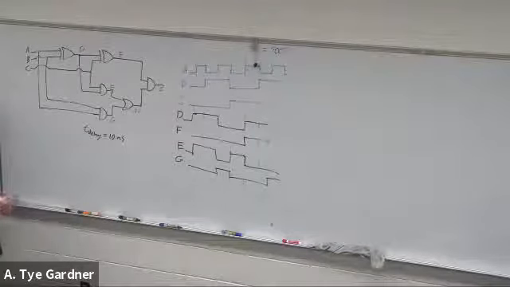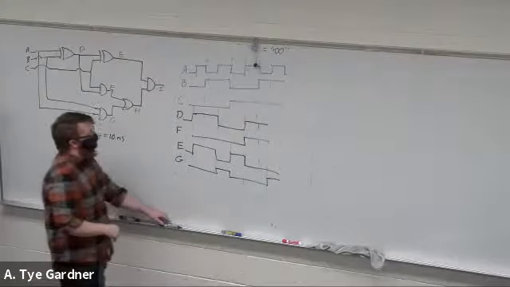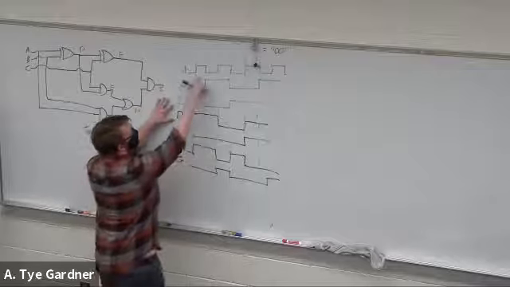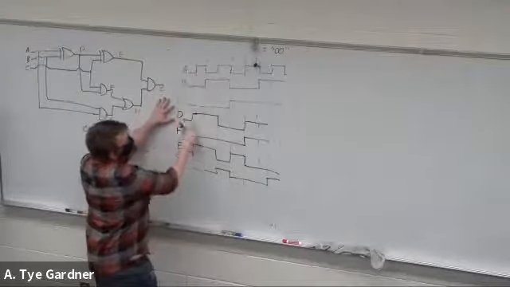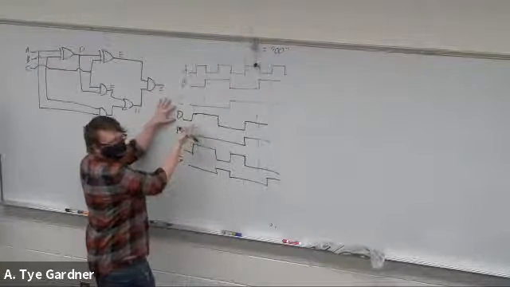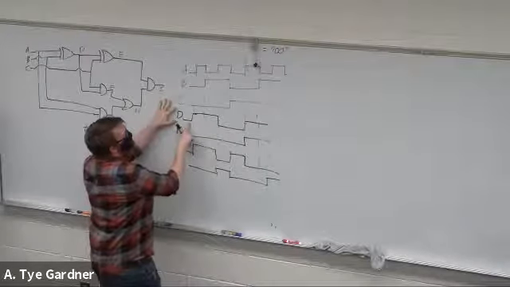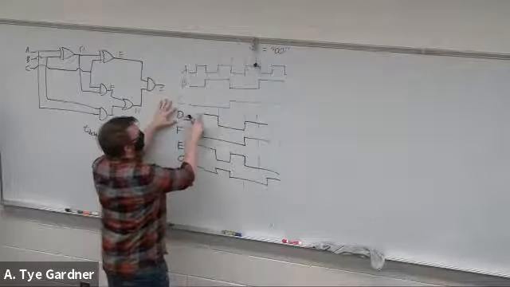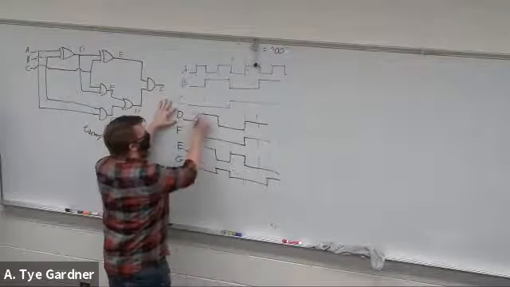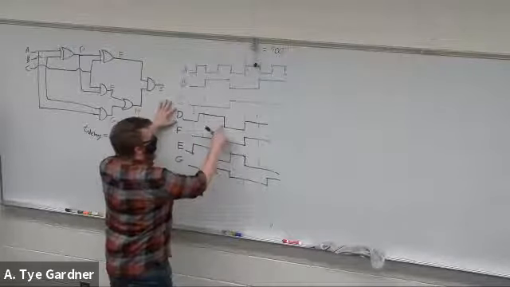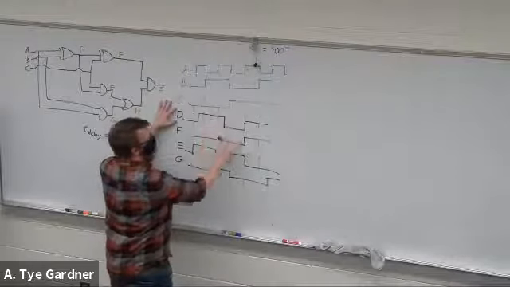It takes 1 gate delay for it to update. So here A changes. So really anywhere D changes is where I'm looking because that's what's interesting to me. So if D changes after 1 gate delay is halfway through one of these periods.